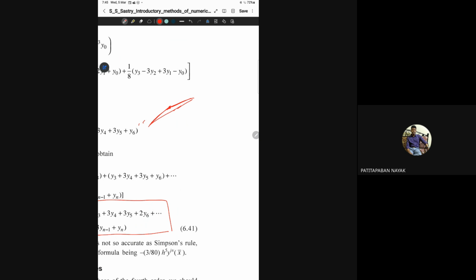In trapezoidal there are 2 points, the first point and the end point. In Simpson's 1/3 there are 3 points, and in Simpson's 3/8 there are 4 points, with two more points in between, which gives a more accurate integration result.